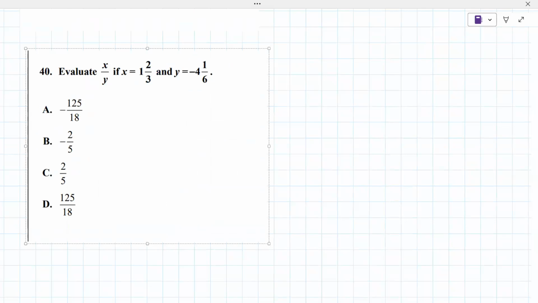It's probably too difficult, but -2 fifths. So C. No, wait, B. Good. Kind of in the same scope of problem.